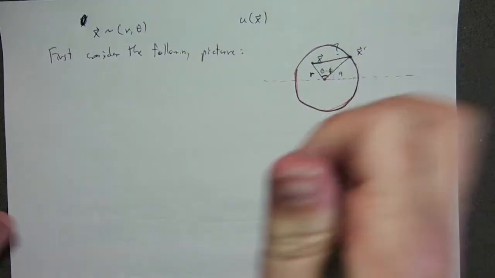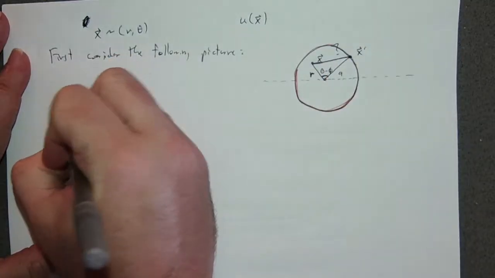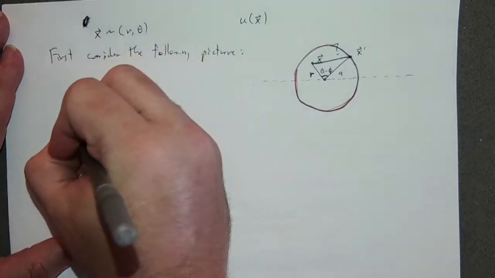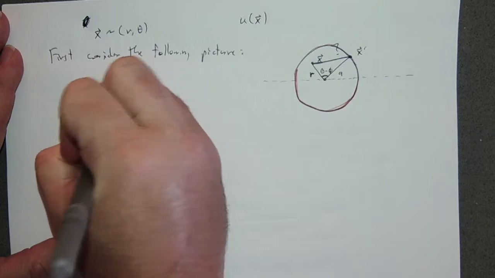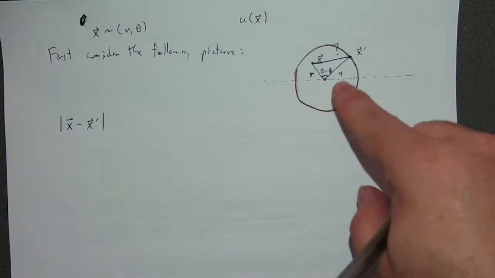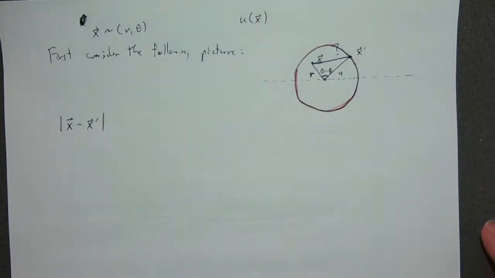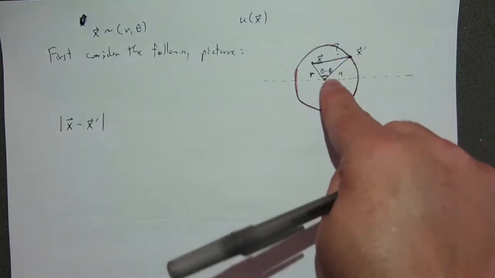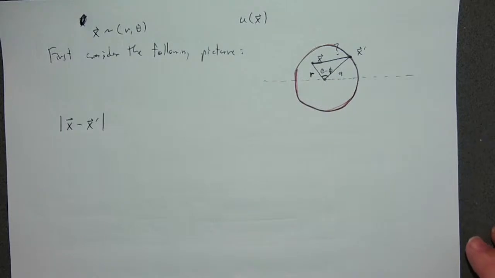Well, I can write that distance as the length of x minus x prime. How can I find out that distance? This distance is not a hypotenuse because this is not guaranteed to be a right triangle, but it's the side across from this angle, and I know the other two sides.